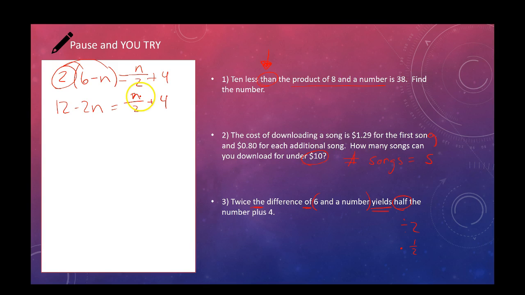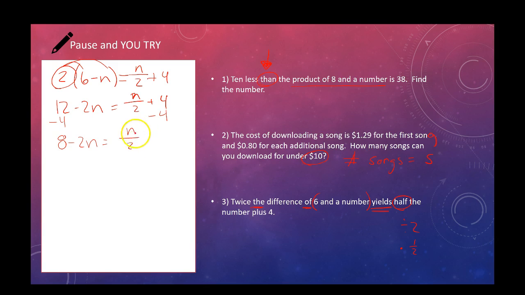Because this n is in the top of this fraction, I'm going to solve this a little differently, but you could have done it slightly different and still yielded the same answer. This one's a little tough. I'm going to subtract this 4 first to bring it over to that other constant. That's going to give me 8 minus 2n equals n over 2.